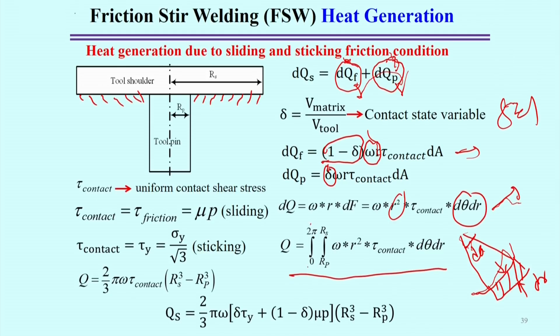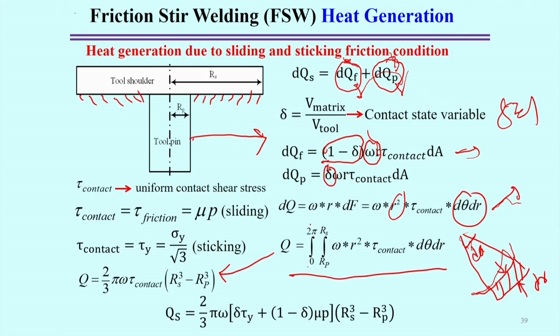integrating over 0 to 2 pi, that means theta varies from 0 to 2 pi, and the radial distance r from r p to r s is the range. If we do that, we can find out that Q equals 2/3 of pi omega into the contact shear stress value and r s cube minus r p cube.